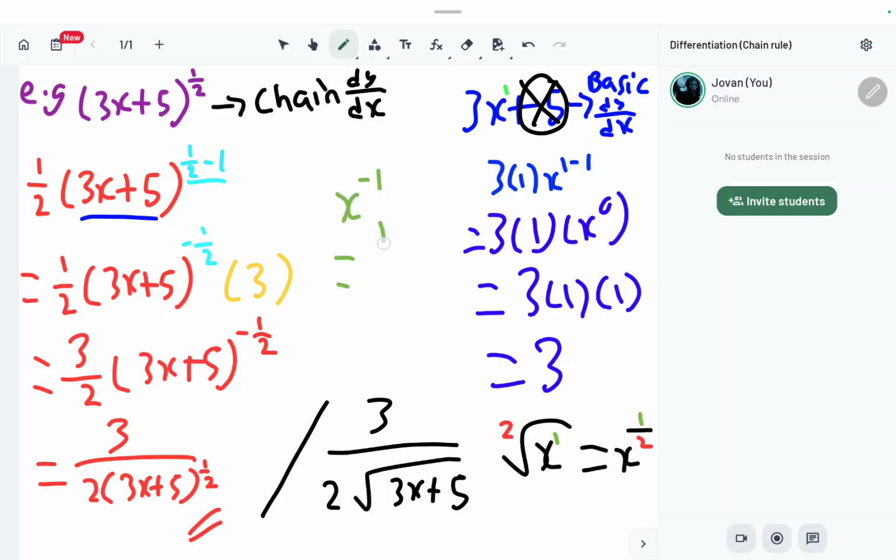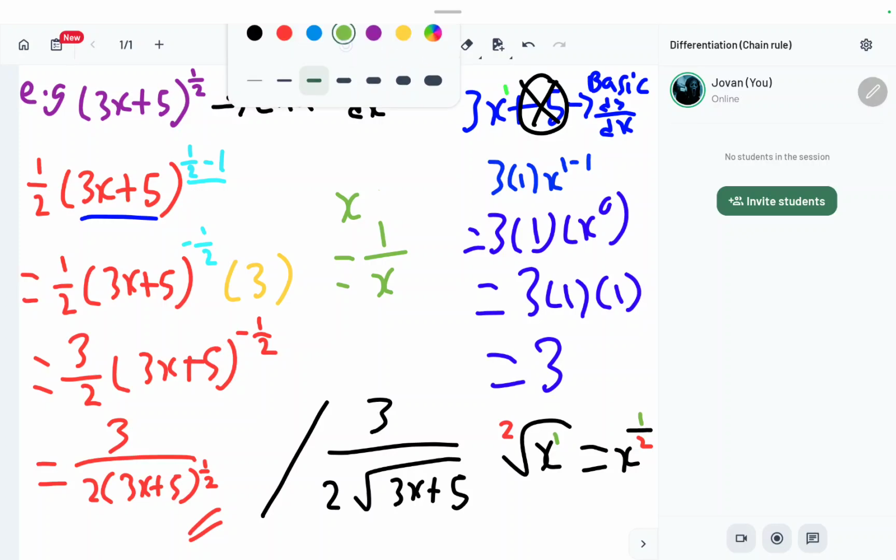This is the same as 1 over x to the power of 1. So you do notice, if it is at the denominator and we bring it to negative index form, it will be a minus. That's why we always bring our negative powers to the denominator, because of our indices rule here.